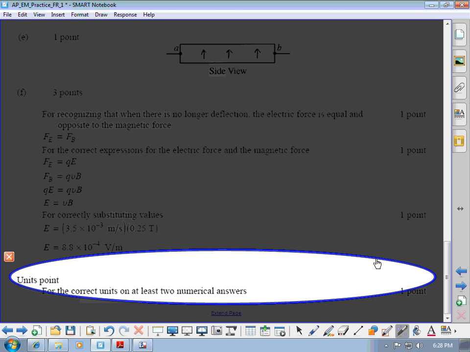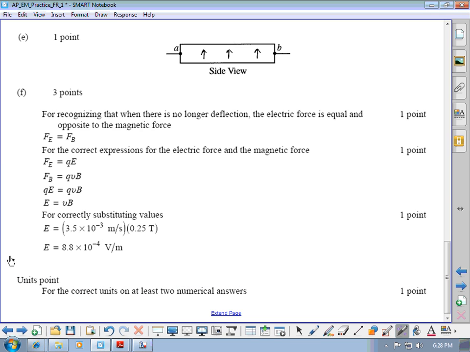They're almost never going to have that on more than one question, but often they'll have 1 point on one of the problems for the correct units. Here they said correct units on at least 2 numerical answers. Sometimes they'll say correct units on at least 2 numerical answers and no incorrect units. Here, as long as you had them on 2 correct answers, whether or not you had others that were wrong, that would be okay.